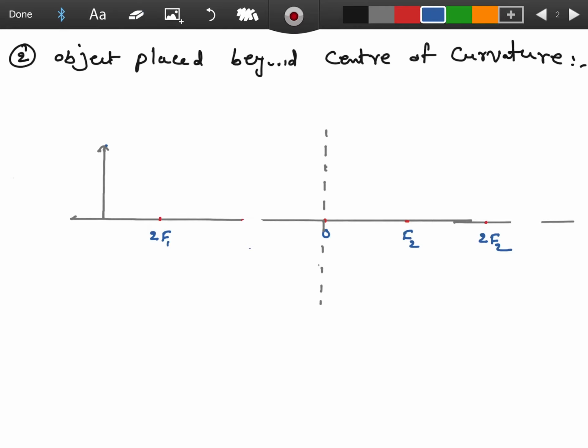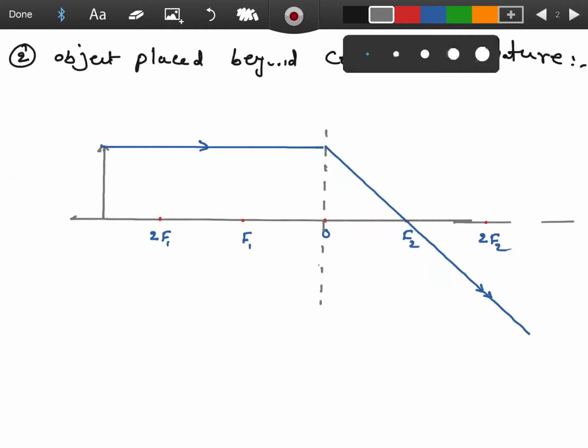The light ray which is coming parallel to the principal axis, after refraction it will pass through the principal focus. This is the incident ray, this is the refracted ray. Clear?